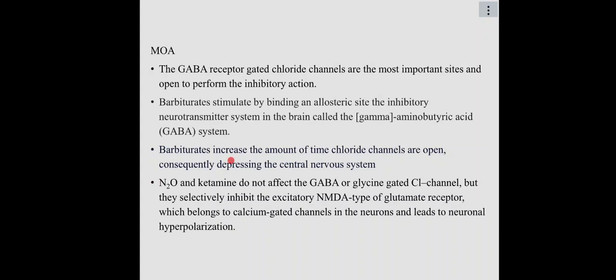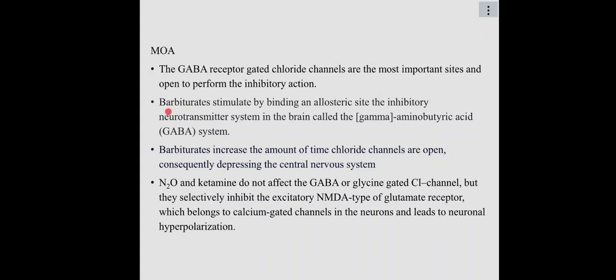You're still on the mode of action. Then you have the other receptors, which are also gated channels. We have the GABA receptor gated chloride channels, which are the most important sites and open to perform the inhibitory action. So the GABA receptors are inhibitory in nature, and the barbiturates and the benzodiazepines are really not used as general anesthetics, but at times you can use them in combination for what we did mention, the pre-medication.